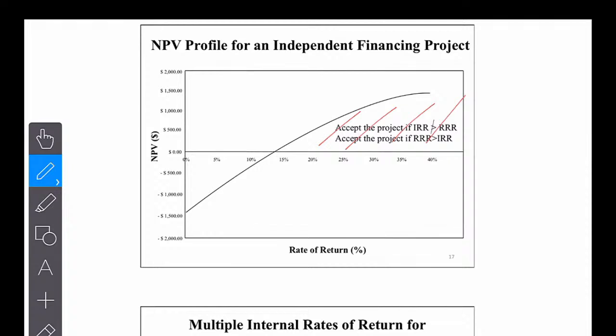And it's telling us that as long as the discount rate is higher than the IRR that you calculate as being here. Not there. Here. As long as the discount rate is higher than that, then you should accept the project because the NPV will be positive.